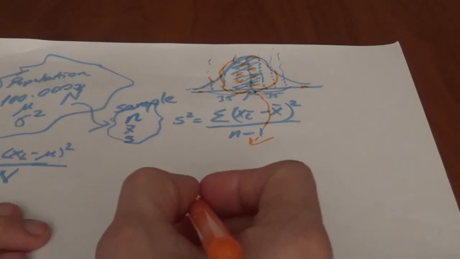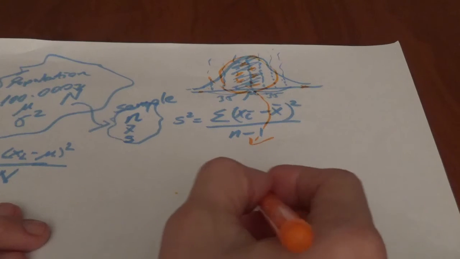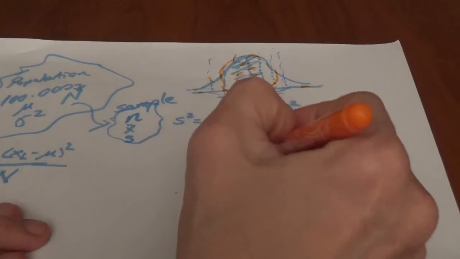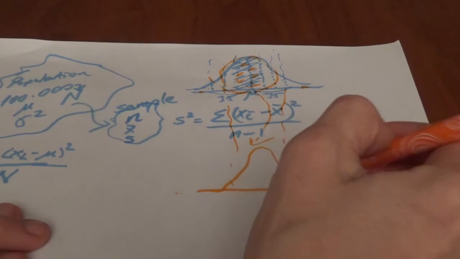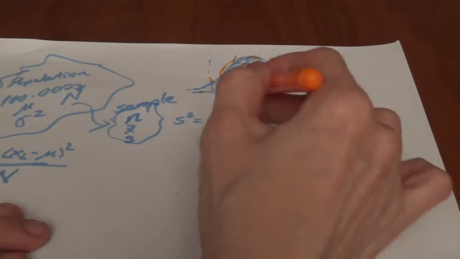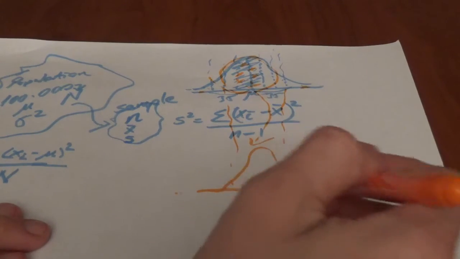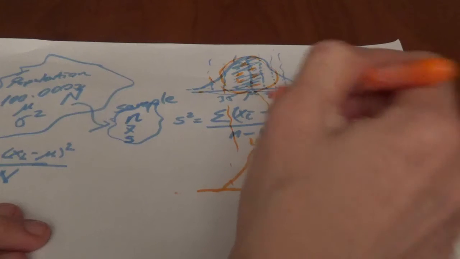The sample's distribution would be less than the population's distribution. The variance would be less than that.